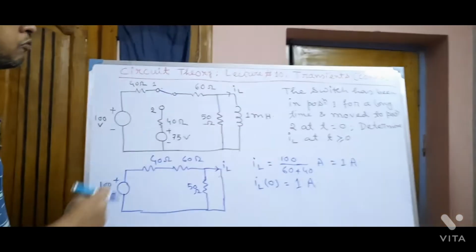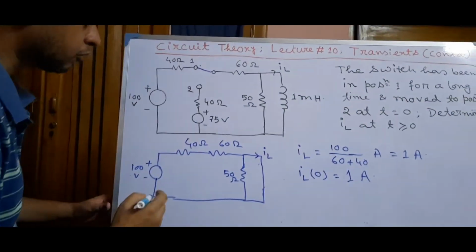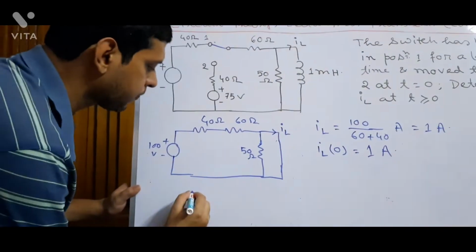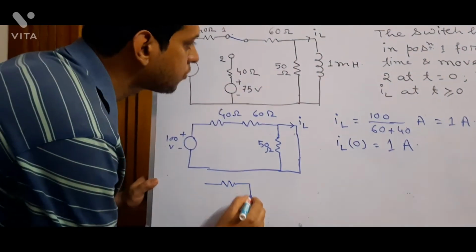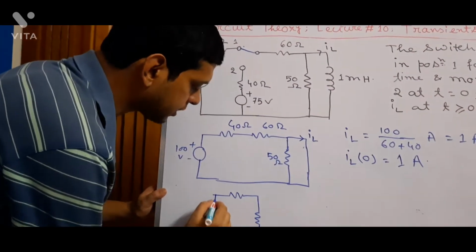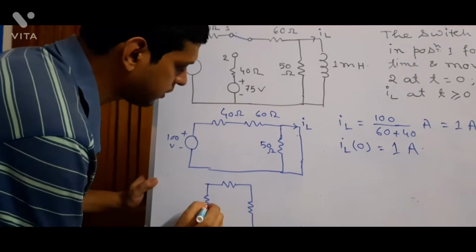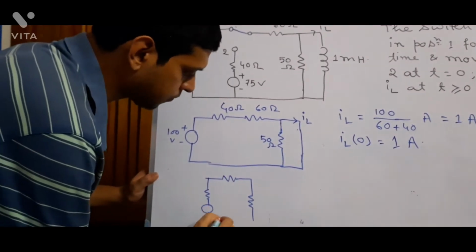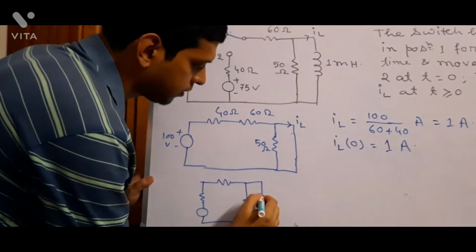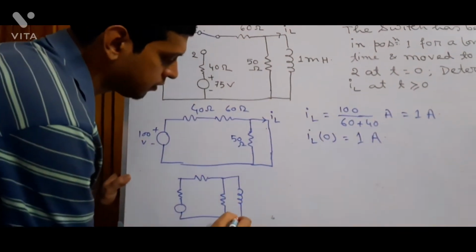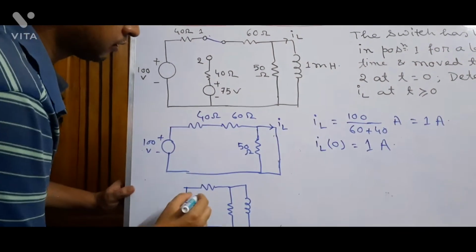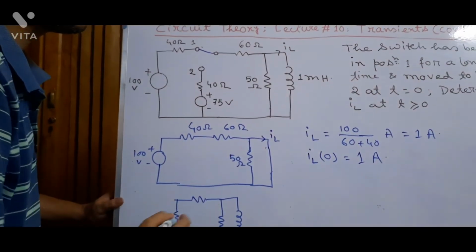Now at t equal to 0, the circuit condition was this one. This is the circuit from t greater than or equal to 0.